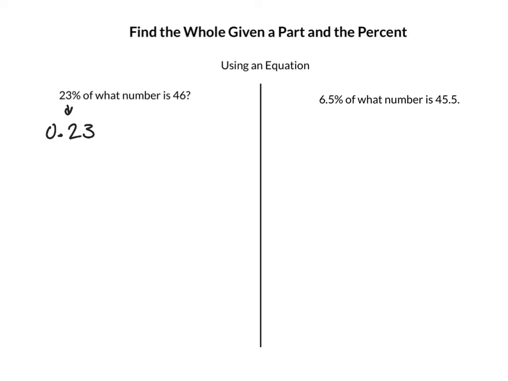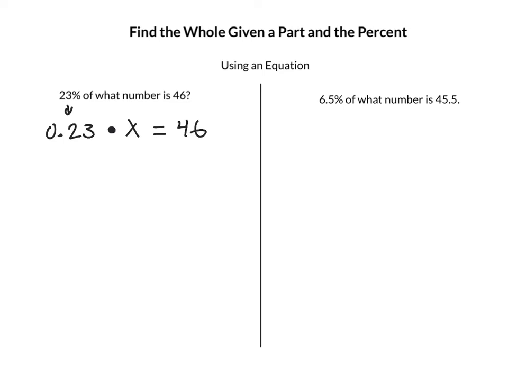Let's use this sentence to help us set up an equation. 23 hundredths of what number? Of means multiplication. And what number? We don't know a number, so in math we use a variable. Let's use x. Is tells us to use the equal sign, 46.